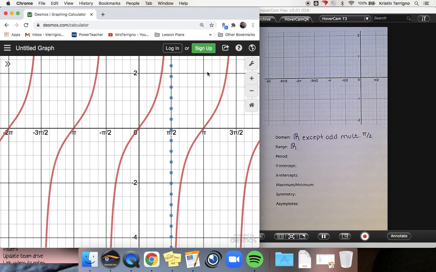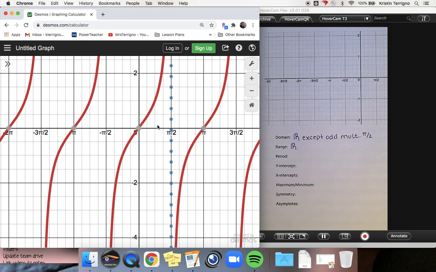Okay, the period of this function: how far does it take before this function repeats itself? If I look at this x-intercept here to this x-intercept here, that would represent one full cycle of this graph. Notice that this function repeats itself every pi along the x-axis instead of every 2 pi, so it repeats more often.